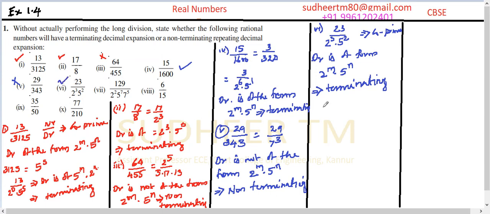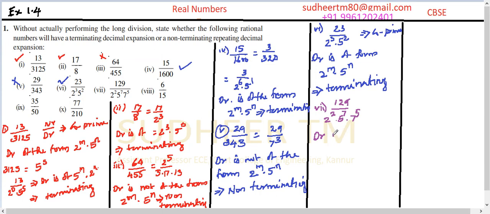Now let us have the seventh one. Seventh question is 129 divided by 2 raised to 2 into 5 raised to 7 into 7 raised to 5. Here in the denominator, other than 2 and 5, 7 is a factor.